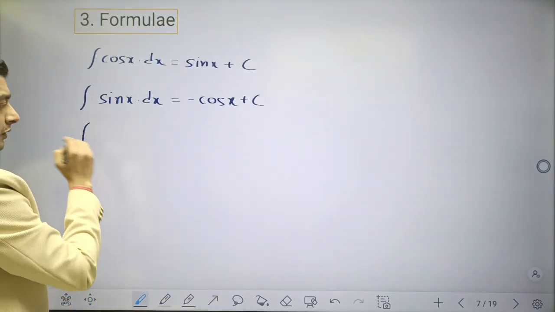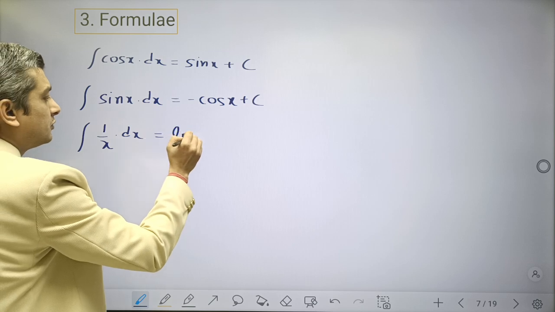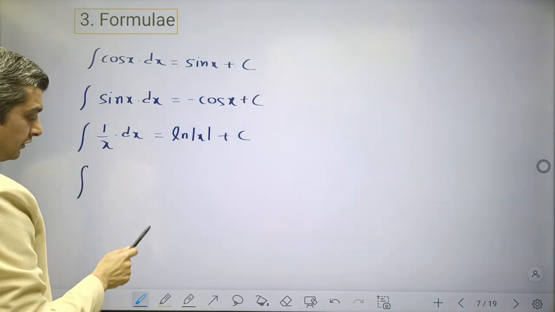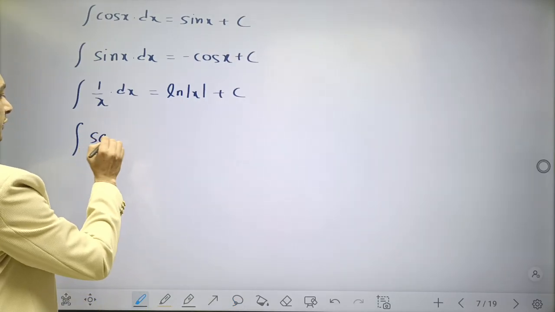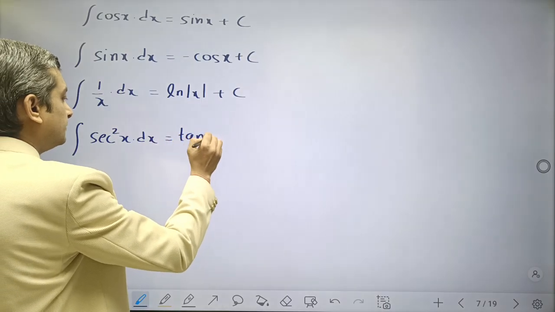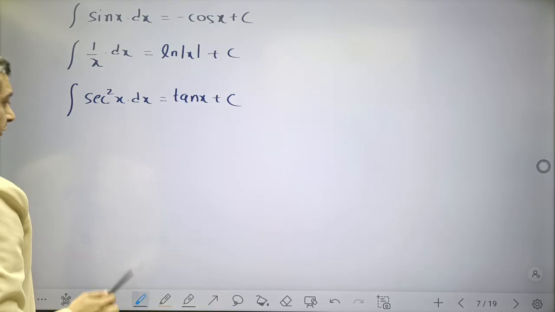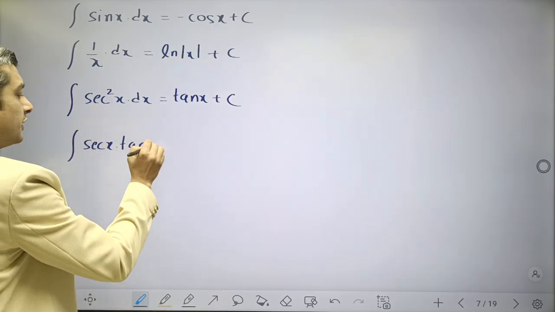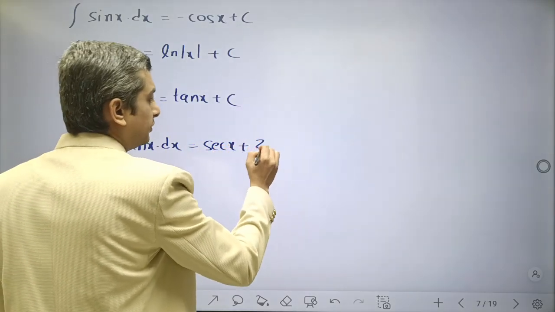Differentiation of log x is 1 by x, so integration of 1 by x is equal to log x plus c. Differentiation of tan x is sec square x, so integration of sec square x is equal to tan x. Differentiation of sec x is equal to sec x tan x, so therefore integration of sec x tan x is equal to sec x plus c.